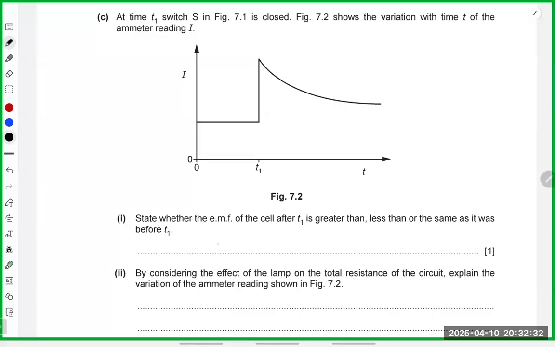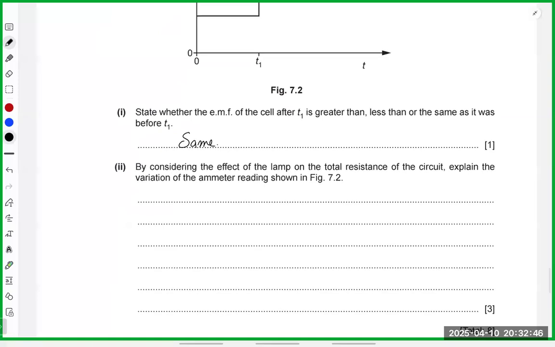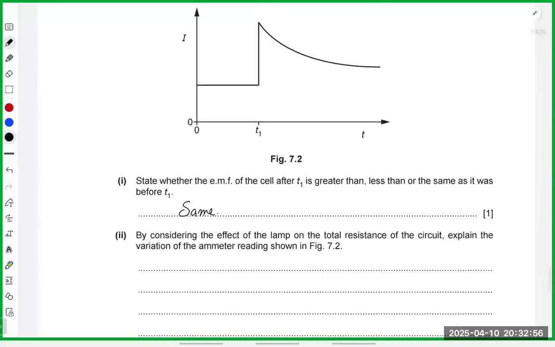Okay, so it is going to be same. Terminal potential can change, but EMF stays the same. By considering the effect of the lamp on the total resistance of the circuit, explain the variation of the ammeter reading shown in the figure.